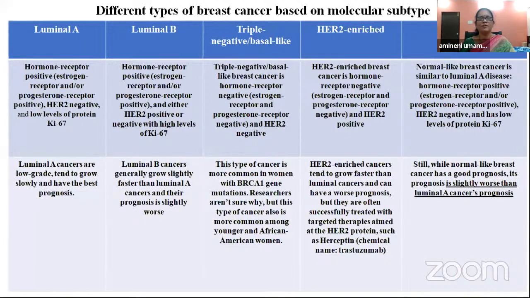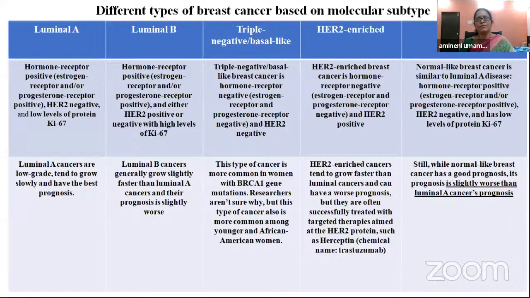Luminal A and luminal B: both are ER/PR positive and HER negative, but Ki67 protein is less in luminal A and more in luminal B. There is a subtle difference between luminal A and normal-like.